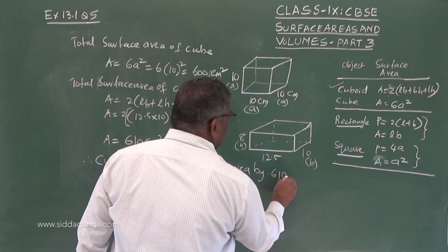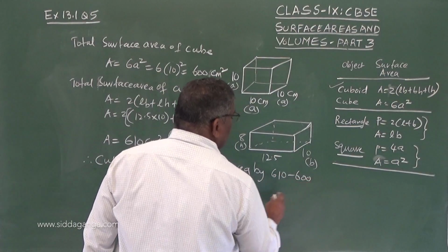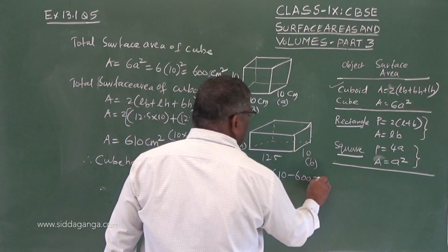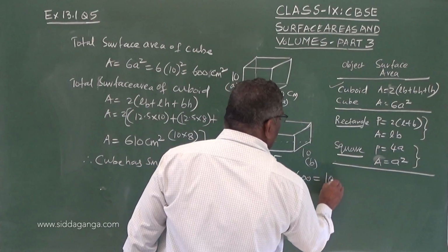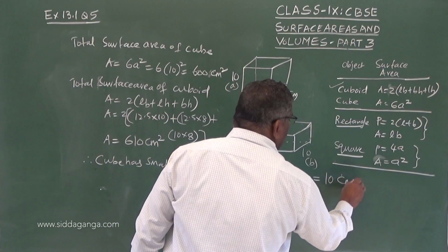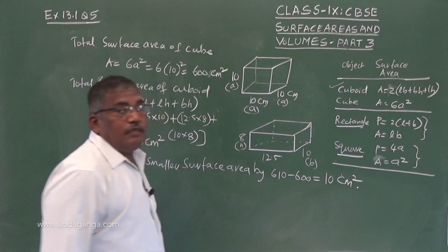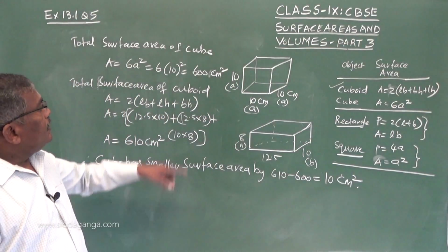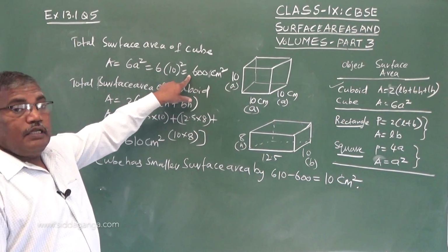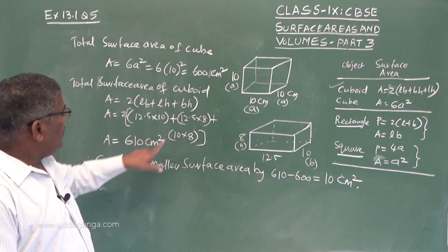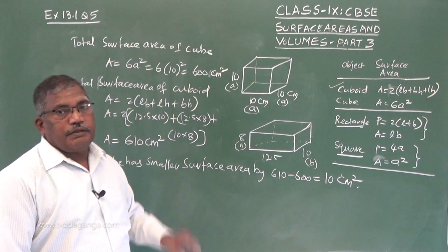So 610 minus 600 equals 10 centimeter square. It has the smaller surface area by 10 centimeter square.